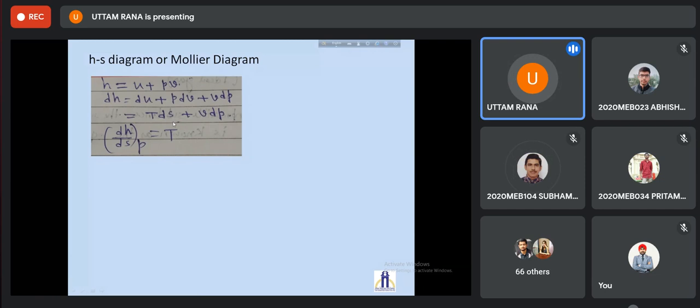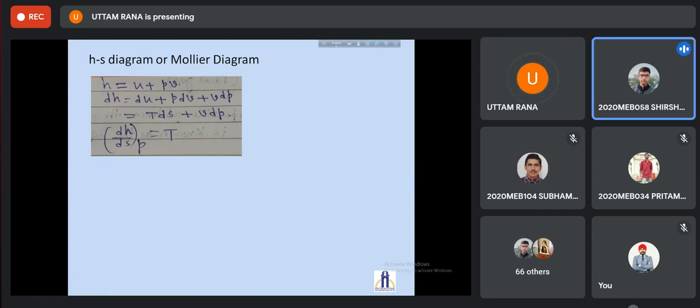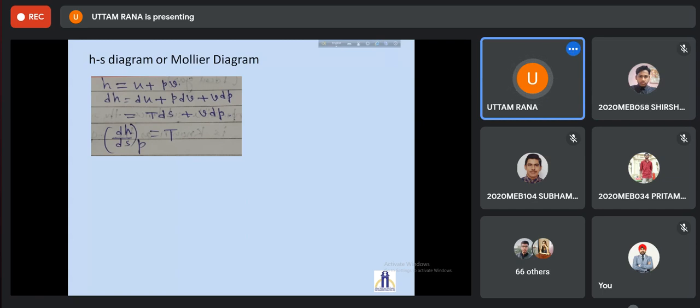And when can we write dq equal to TdS? For a reversible process. We are considering the process to be reversible, so we can write dH equals TdS plus VdP.